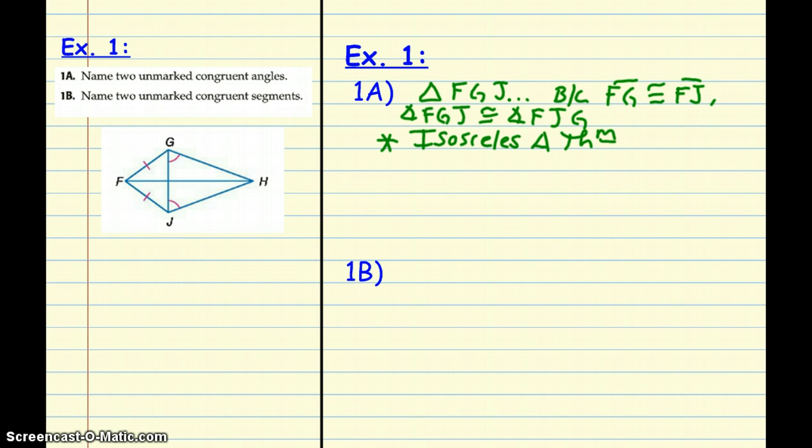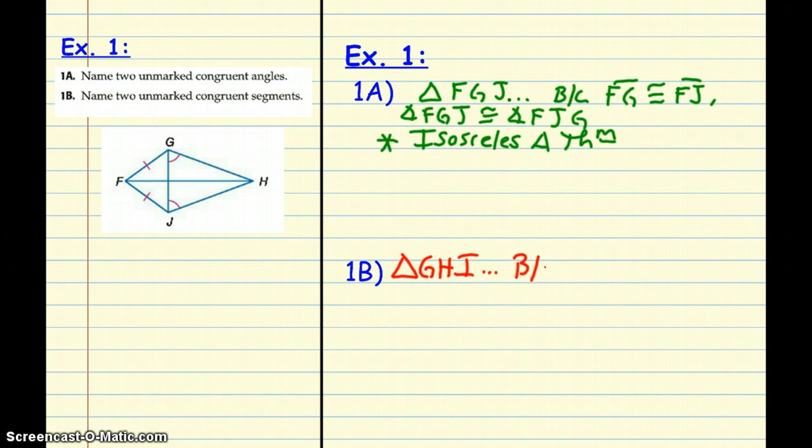Okay, pretty straightforward. Now, in the second example, or example 1b, it says name 2 unmarked congruent segments. As we take a look at our diagram, the key thing here is we're given these congruent angles. So in this one, we're going to take a look at triangle GHJ.